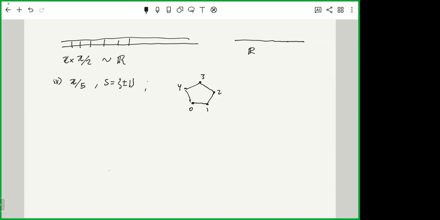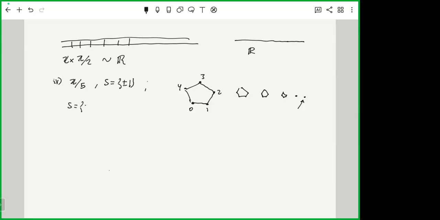So if I look at it from far away, it looks like a point. Or if I am far away from the blackboard, this collapses to a point. I could also change the generating set.